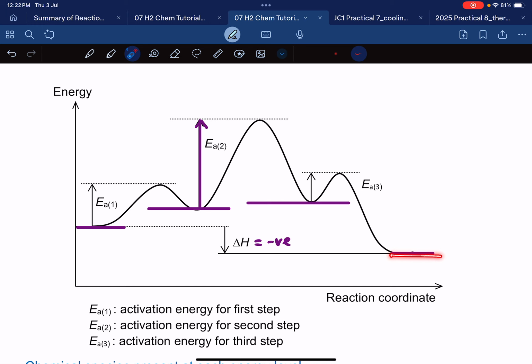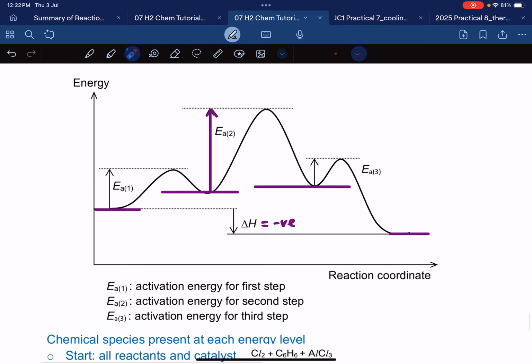The final energy level is the lowest compared to the other 3 because our enthalpy change is exothermic. These are the intermediate levels, the levels with unstable intermediates. Therefore, we expect them to have a higher energy level.